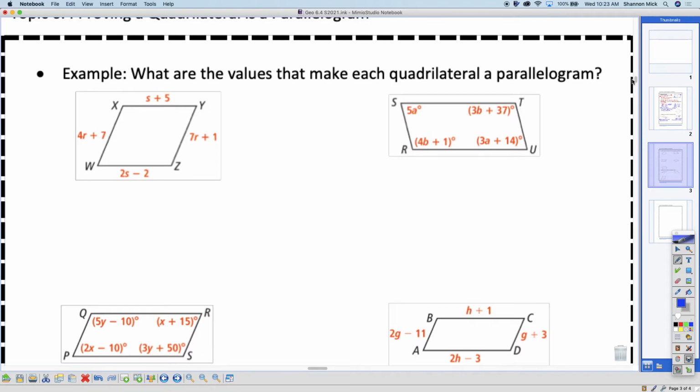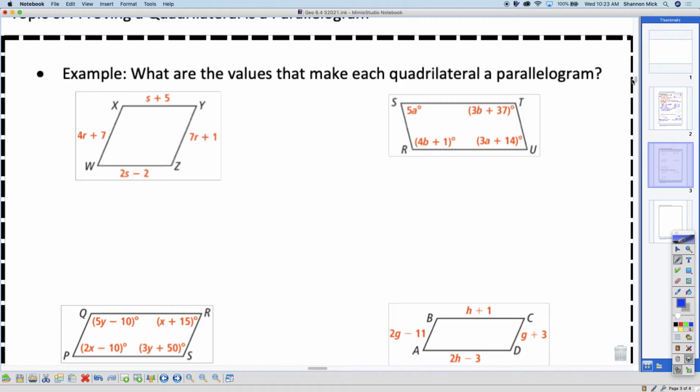Okay, so what are the values that make each quadrilateral a parallelogram? If it is a parallelogram, what do I know about the sides? The opposite sides are equal.